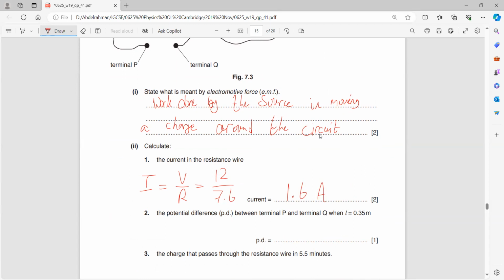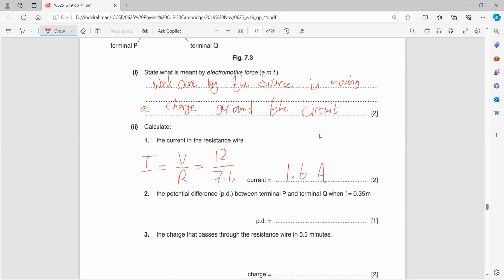طيب the potential difference between the terminals when the length was equal to 0.35.